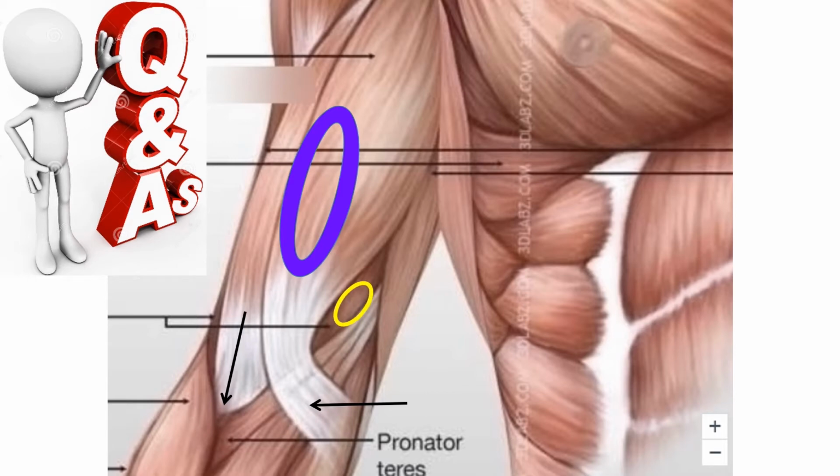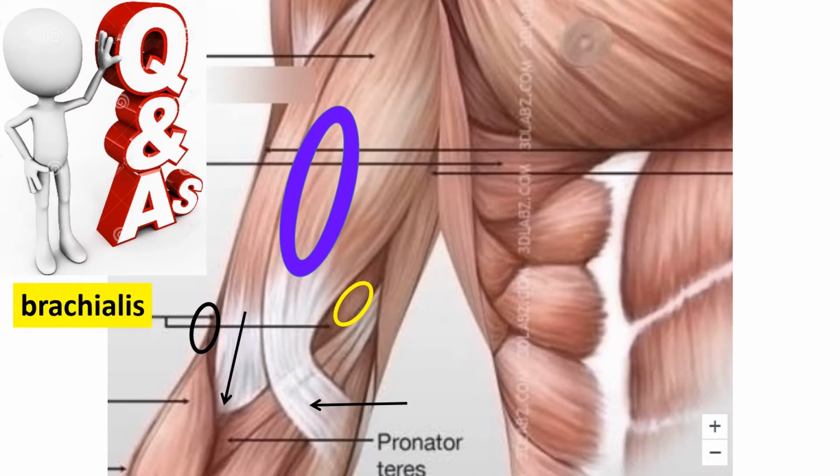Now, deep to the biceps brachii, we can see another muscle of the arm, which is the brachialis. It is covered by the biceps, and we can see it on both sides of the biceps brachii.